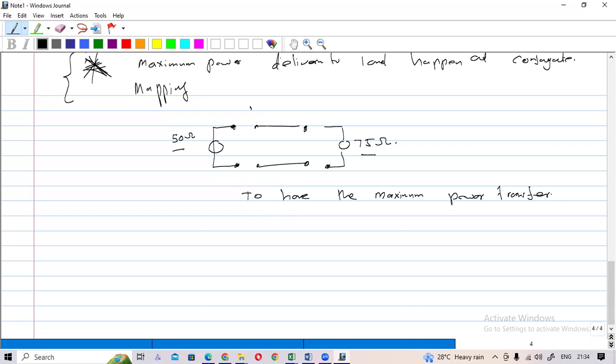You need to calculate this Z in using this loaded line, and maybe the transmission line length may be there. So you can calculate the Z in. There is a Z in value.